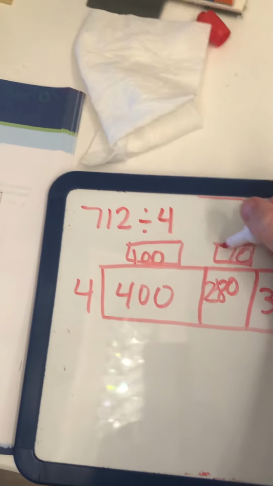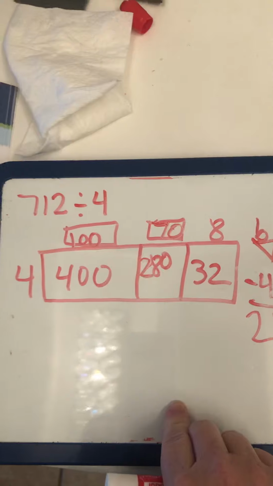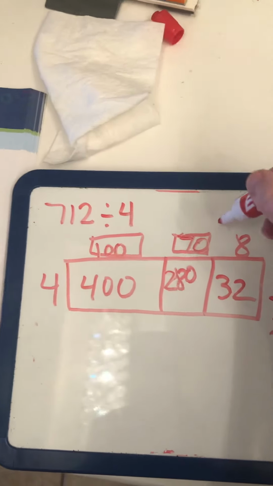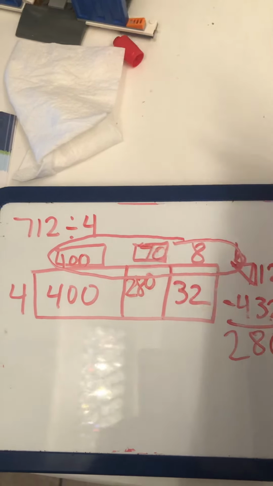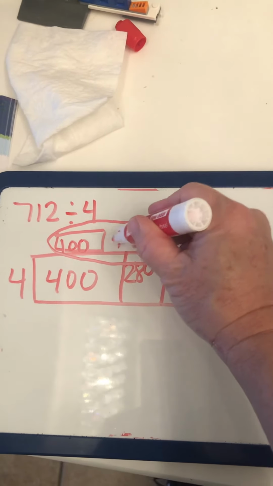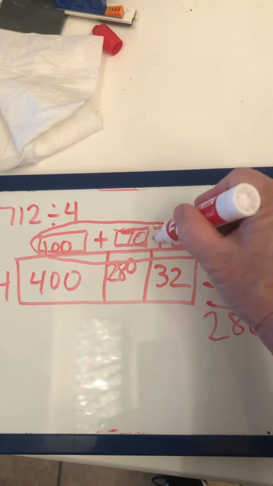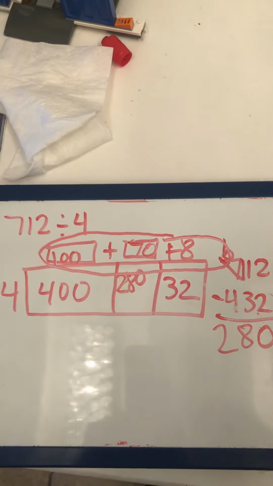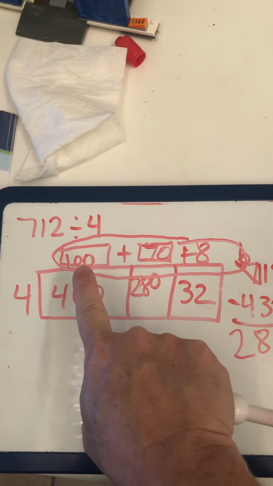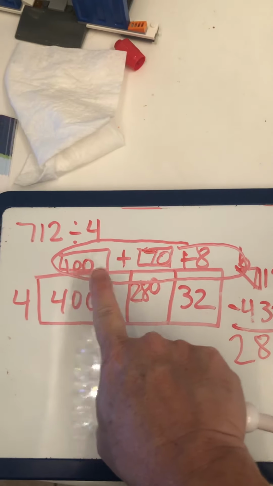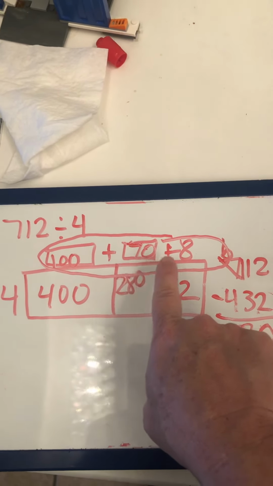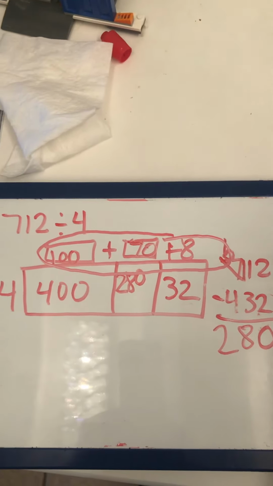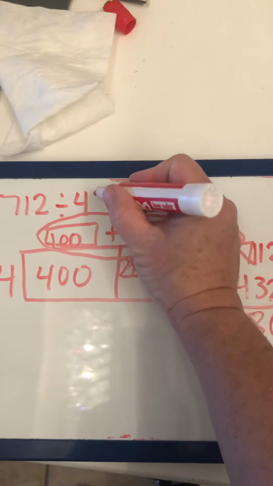So 70 goes right up here in that box. Now all I'm going to do is take these 3 numbers that are up here on top and add them together. And I've got these nice friendly numbers. I could probably just go ahead and do this in my head using my mental math. 100 plus 70 is 170, plus 8 more is 178.